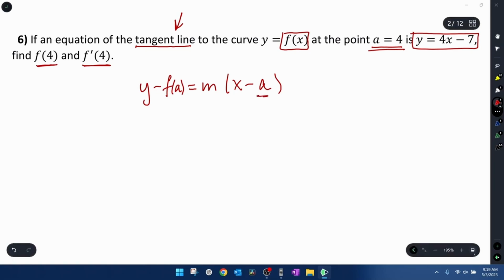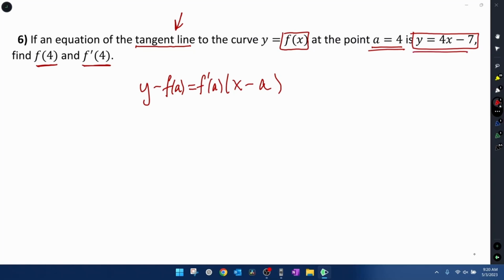So here you've got your x and your y coordinate depending on whatever number you choose for a. The m, remember, the slope of the tangent is the derivative at that value that you've chosen, so f prime of a.